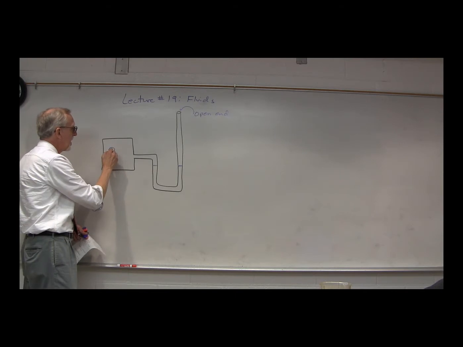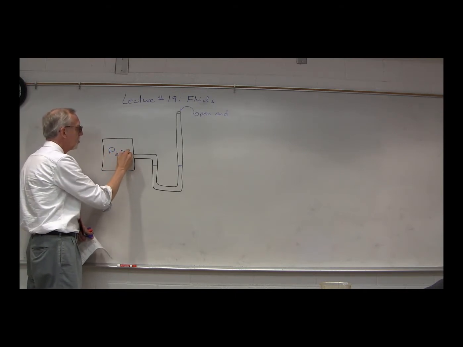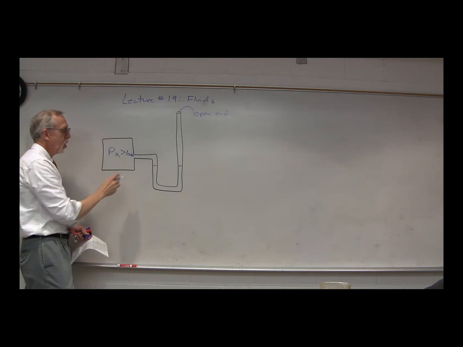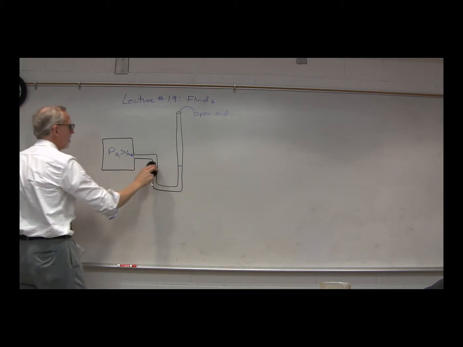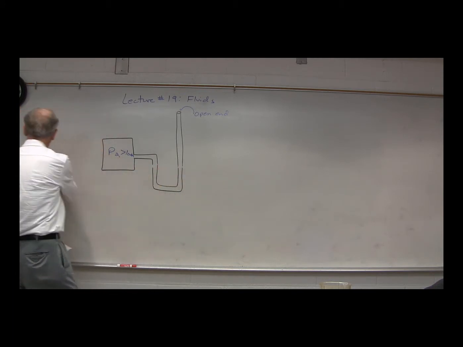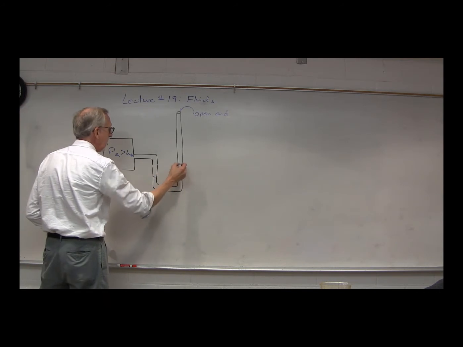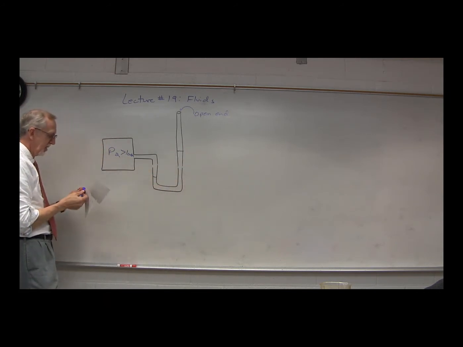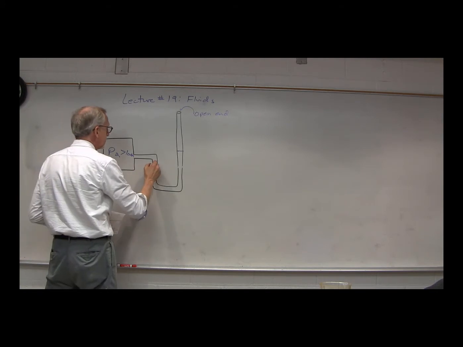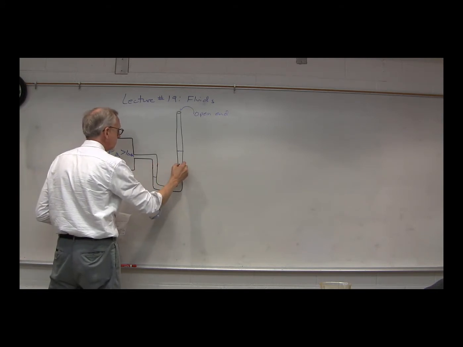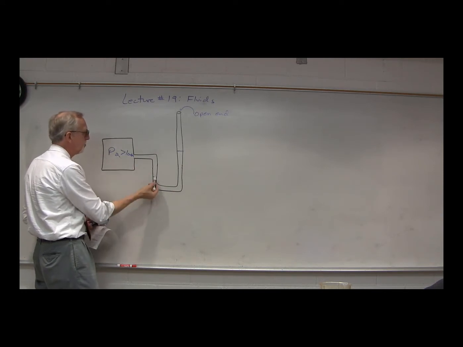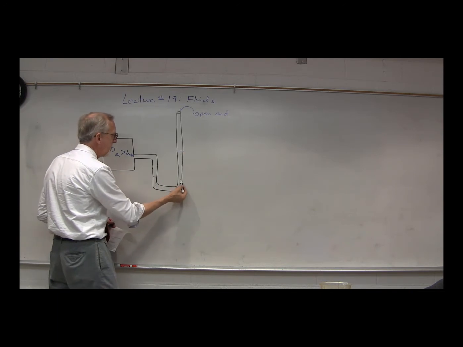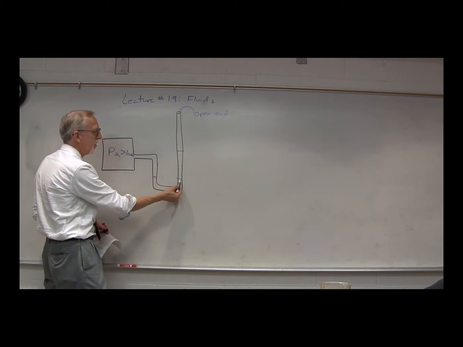Now, let's imagine that we have a pressure in here that's actually greater than 1 atmosphere. Well, that's going to push this fluid level down and push this fluid level up, like that. Now, if we start with the pressure here of P2, we come down, over, and back up. We know that pressure has to be the same as the pressure of the fluid over here at the same height.